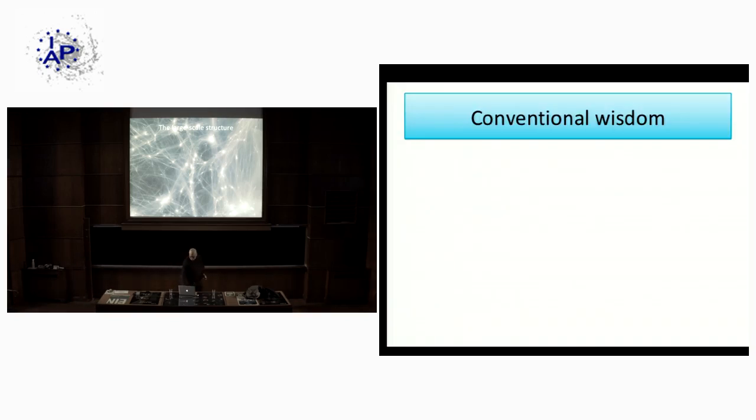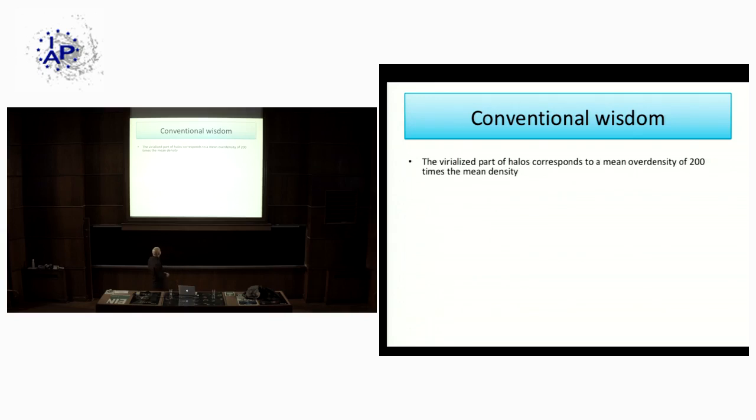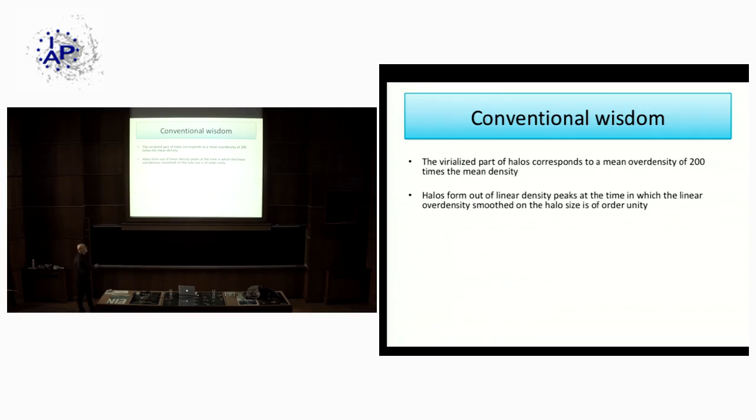So let's try to summarize the conventional wisdom about the collapse of dark matter halos. As we said, the virialized part corresponds to a mean overdensity of roughly 200 times the mean density of the universe. Halos form out of linear density peaks, and they form at the time in which the linear overdensity, smoothed on the halo size, is over unity.